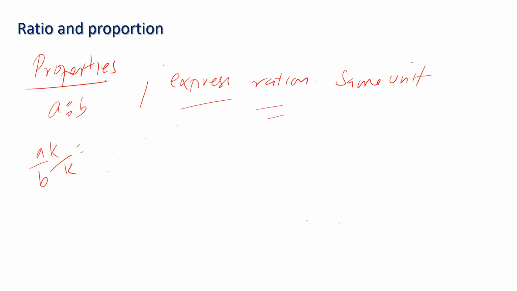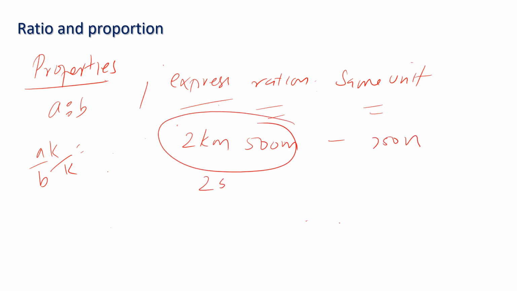Here I wrote: express the ratio in the same unit. If there is 2 kilometers 500 meters, and the other one is 750 meters, you will convert the whole into meters, that is 2500 meters, and here it is 750 meters. So you should have the same unit while dealing with the ratio.